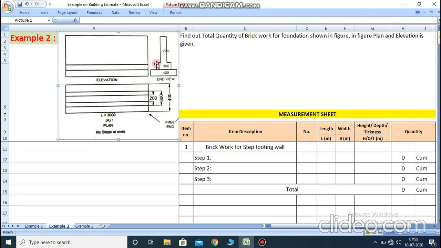Clear? And here the thickness of the step we take 0.2 meter and here 0.2 meter. Clear? So here 20 centimeter or 10 centimeter we take. If you require, you take 0.1 meter as the height of the step. So let's start the calculation.